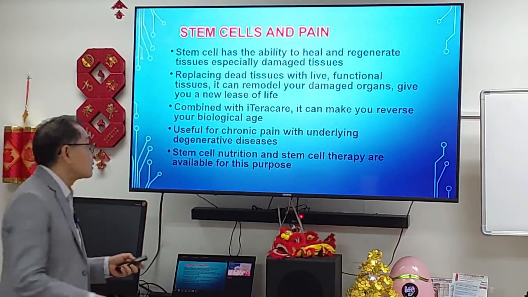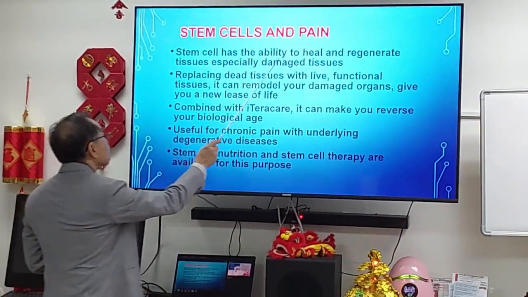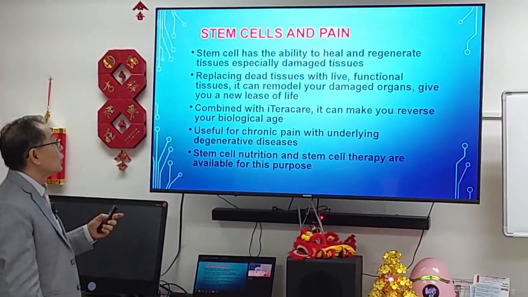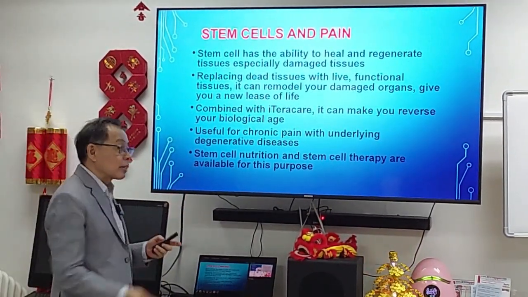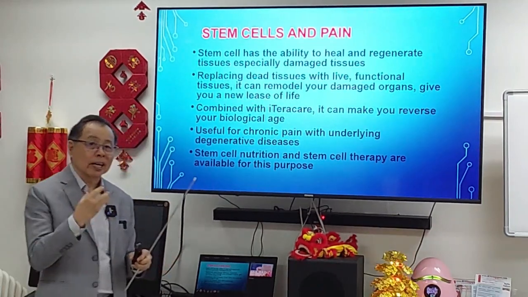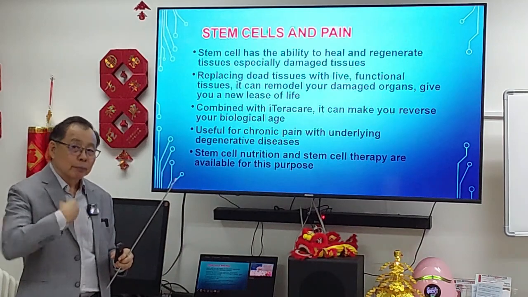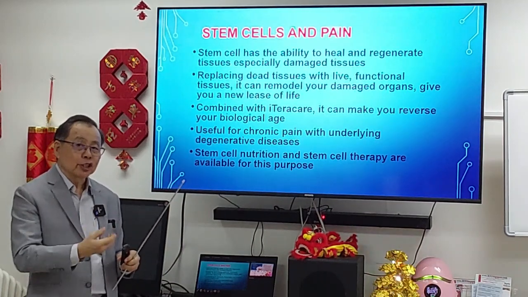How about stem cells? Stem cells can heal and regenerate tissues, especially damaged tissue. They can replace dead tissue with live tissue, and there have been many reports where dead tissue has been replaced by living tissue which is functional.